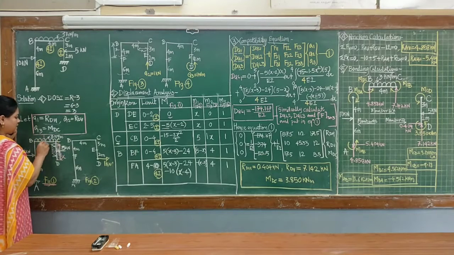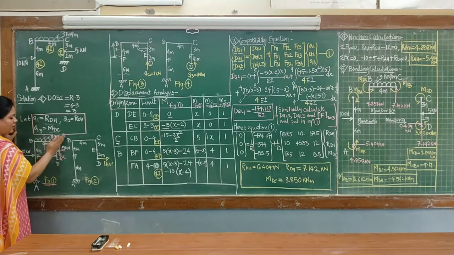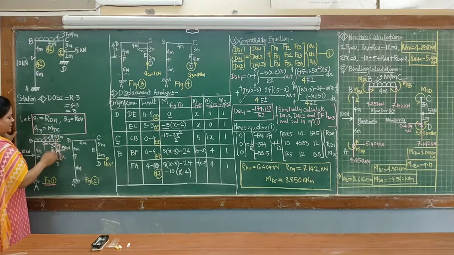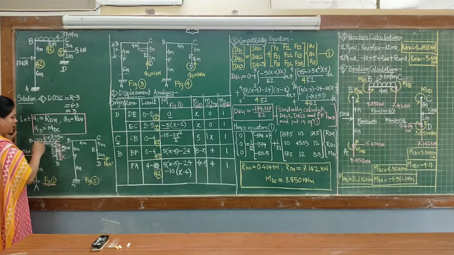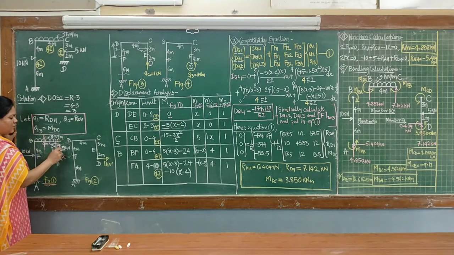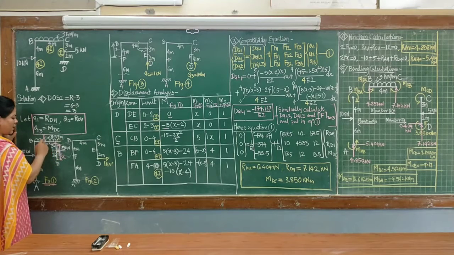So take a section at a distance x from this point, from origin, and take the moment of the remaining forces about this section. So now the moment of the 5 kilonewton and the moment of this UDL will act about this section point. First we will take the moment of this 5 kilonewton. It will act in a clockwise direction.